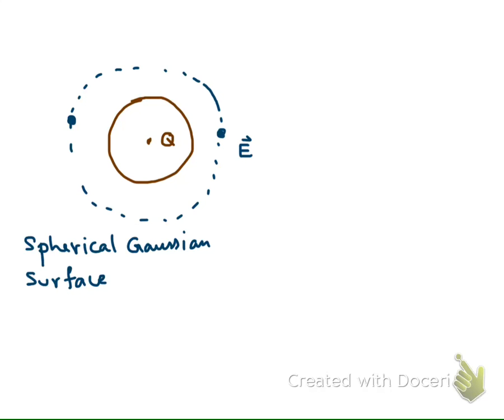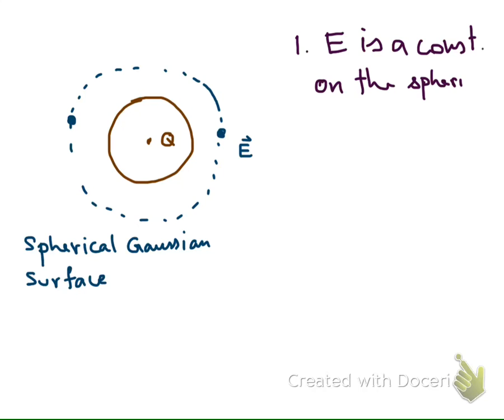First, the magnitude of the electric field is constant on the spherical Gaussian surface.